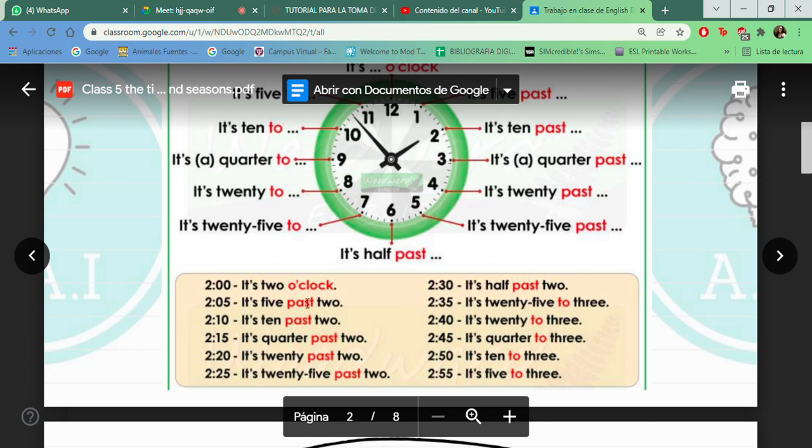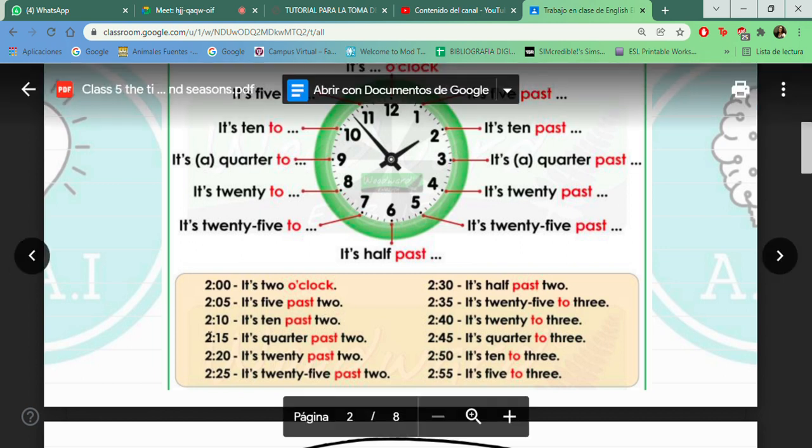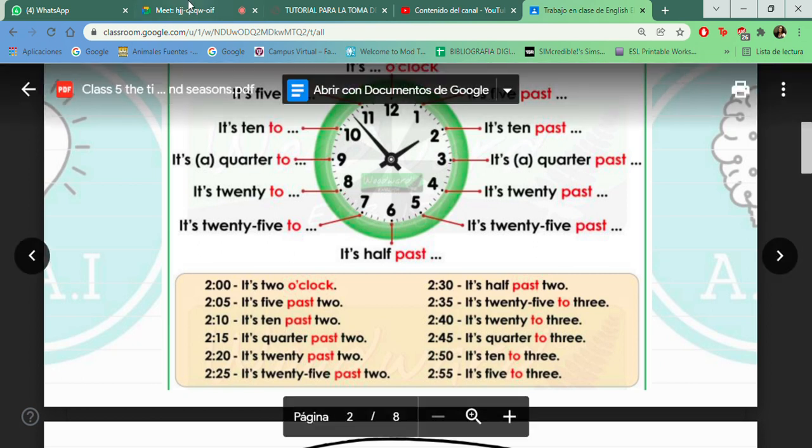It's 5 past 3, it's 5 past 4, doesn't matter. Then here we have 10 minutes, will be it's 10 past. It's the minutes and past, okay? It's 10 past 2, right?